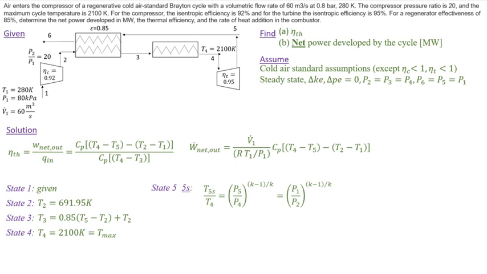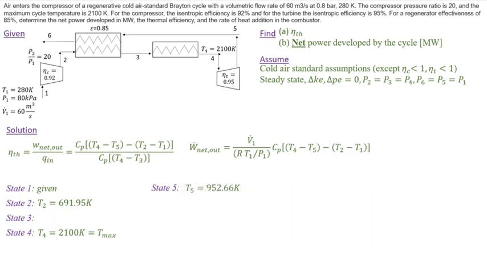And because I know P5 and P1 are equal to one another and P4 and P2 are equal to one another, I can calculate T5S. So I've got 892.27 Kelvin. And then I can use my isentropic efficiency of that turbine to calculate what state 5 is at the end of the non-isentropic process. So 252.66 Kelvin.